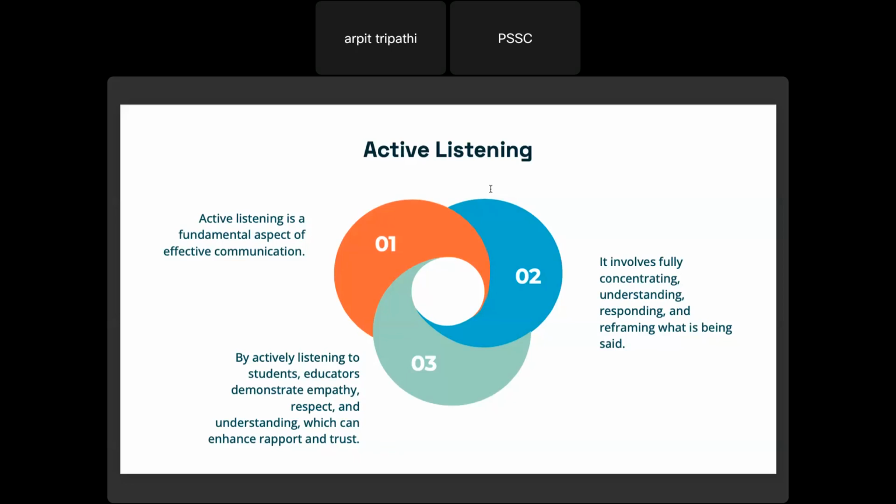Now, moving to the next. What is the importance of non-verbal communication in students' learning for teachers? There are two things which I have mentioned on a slide. What is the role of non-verbal communication here?